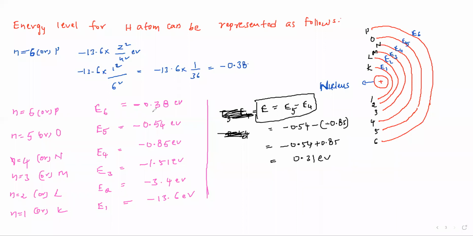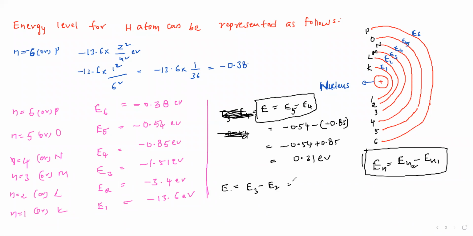Actually, first we have to calculate the energy of the electron in that particular energy level, and then we have to subtract, using the formula E equal to E2 minus E1, higher energy level minus lower energy level. Is it clear how to calculate this? For example, try to calculate E3 minus E2. What is the answer?